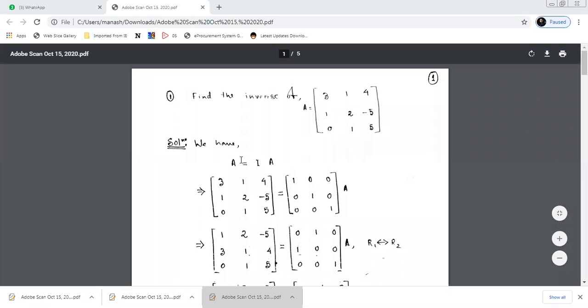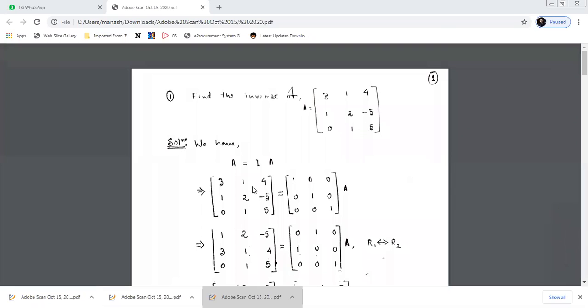Clear? So any matrix A can be written as A equal to I into A, where I means the identity matrix. After we put the matrix, what is our first aim? We have to make the matrix on the left hand side an identity matrix.